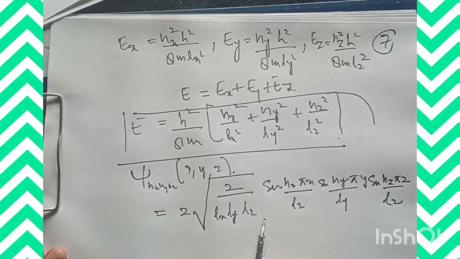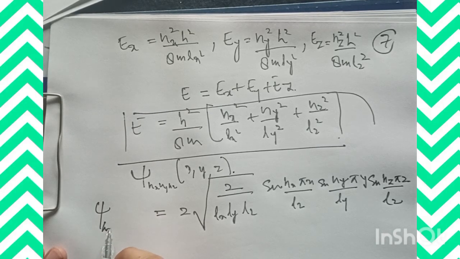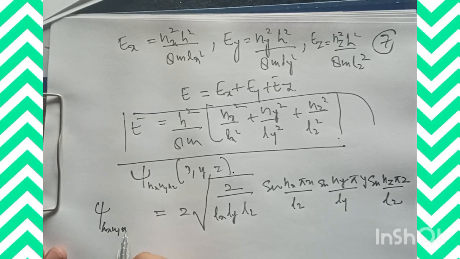Now this equation will give us nx, ny, and nz, which will turn out to be quantum numbers when you do the problem of the hydrogen atom. So here it is x, y, and z.